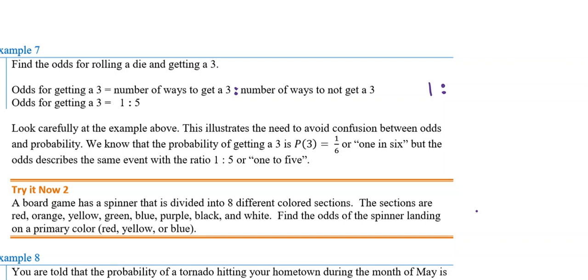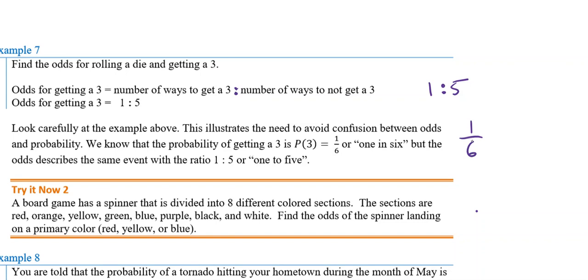Okay. So all the other ones would add up to 5, right? You have 5 other things that you could get. So that's the unfavorable there. Now it says, look carefully at the example above. This illustrates the need to avoid confusion between odds and probability. We know that the probability of getting a 3 is 1 in 6, right?